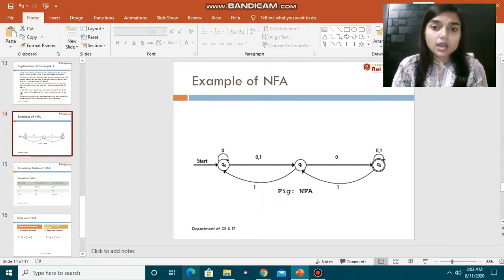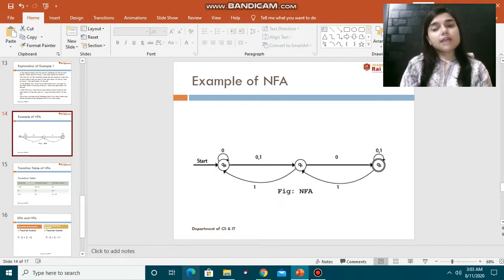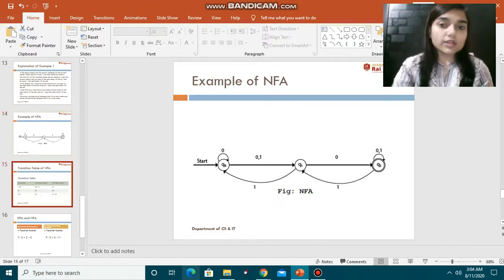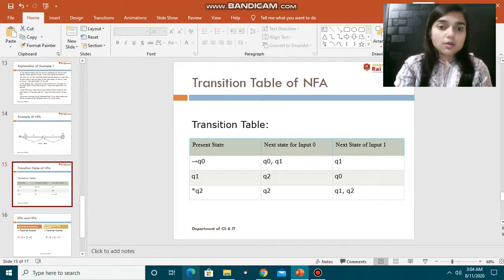If we take the state Q1, on giving 0, it reaches Q2, and on giving 1 to the state Q1, it reaches Q0. And in the state Q2, on giving 0 and 1, it remains on the same state. So from this example, we have observed that in NFA, on giving some input symbol, it can reach more than one state. So let's see the transition table.